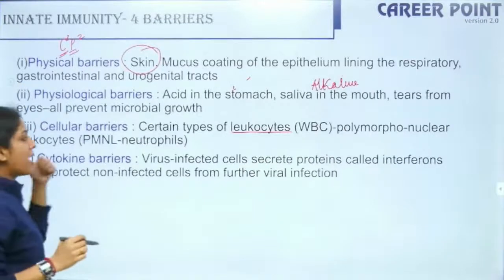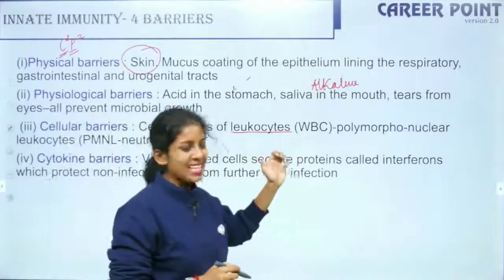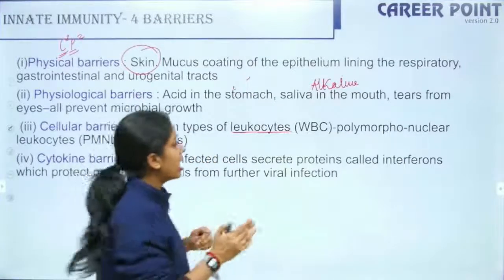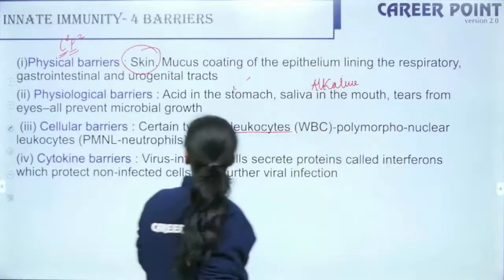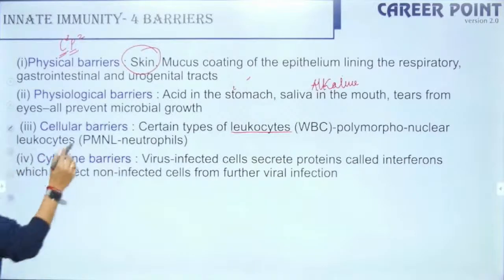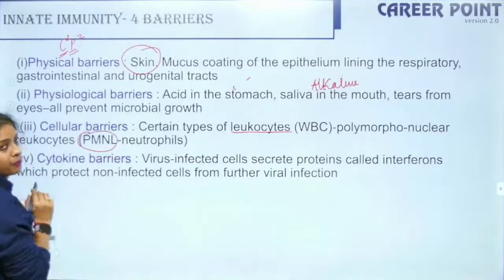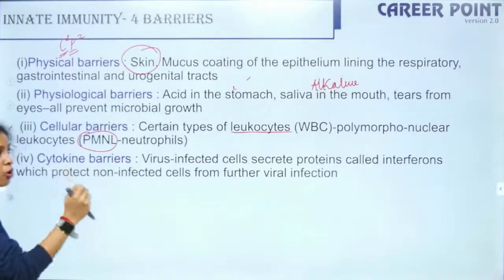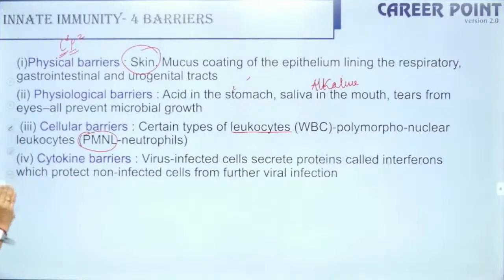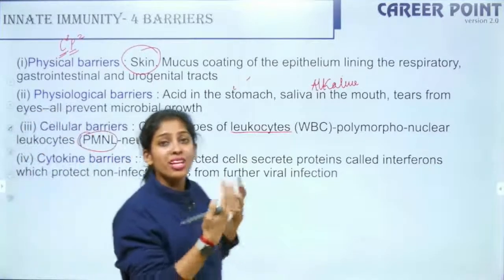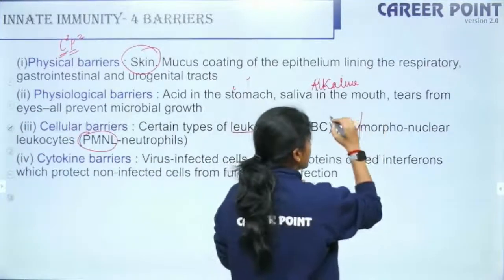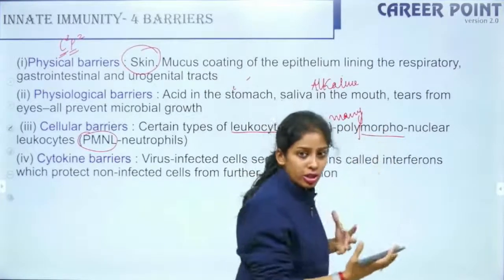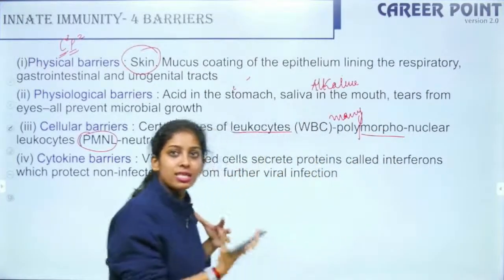So cellular barriers, certain types of leukocytes like your monocytes, but your monocytes have another name. The other name is polymorphonuclear leukocytes, so PMNL. Polymorpho, poly is many, morpho is morphology. They can take up many amounts of external morphology. So once again, poly means many, morpho means morphology. So morphology is the external appearance.